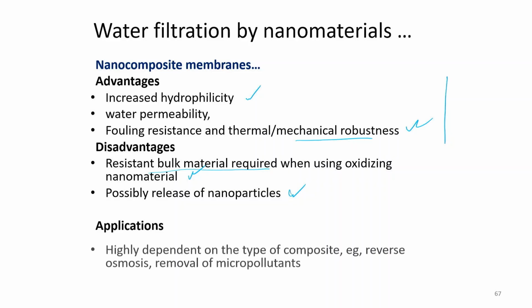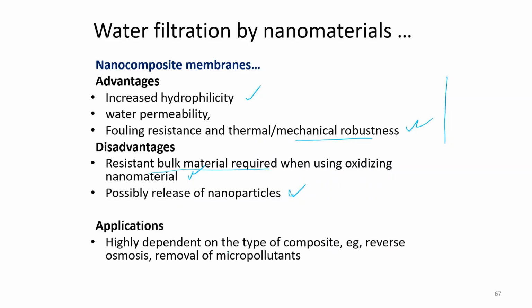Main applications are highly dependent on the type of composite we use, like reverse osmosis, removal of micro pollutants. So, we can use them in different applications, but that depends on the type of composites.